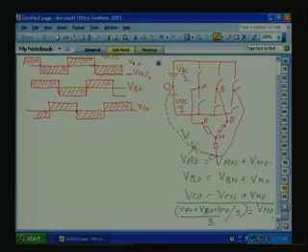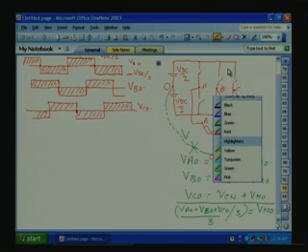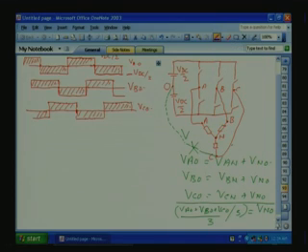Substituting this, we have derived VAN is equal to 2 by 3 VA0 minus 1 by 3 times VB0 plus VC0. If I remove this one, we can write it neatly once again.